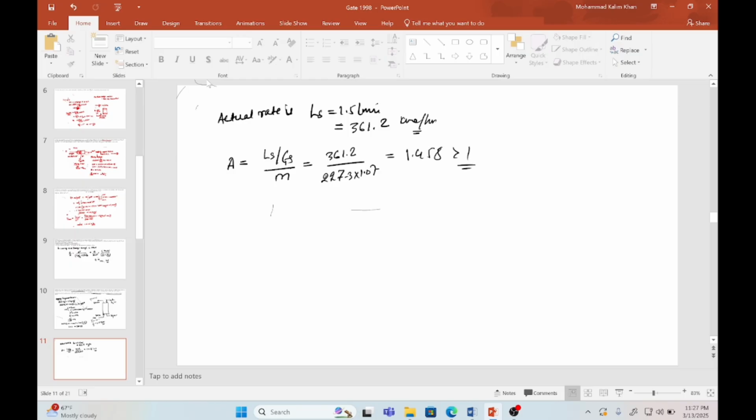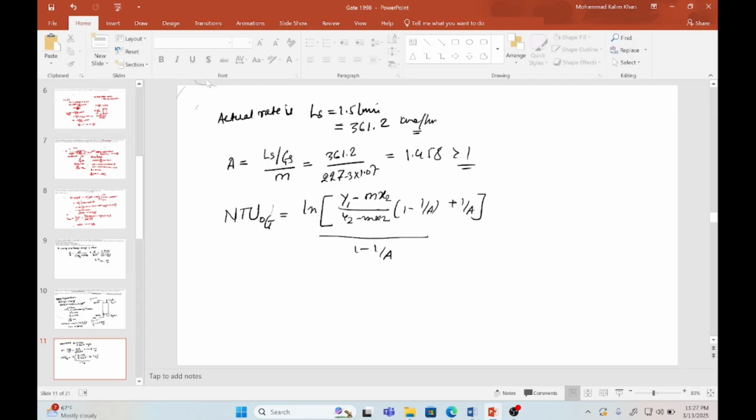So the NTU of gas transfer will be ln of [(y1 minus mx2) over (y2 minus mx2) times (1 minus 1 upon A) plus 1 upon A], divided by (1 minus 1 upon A).